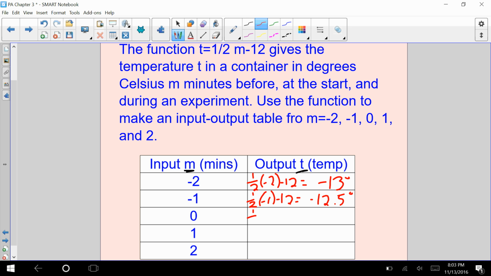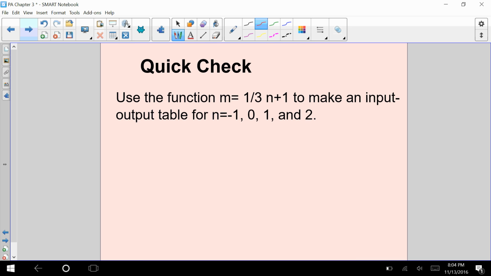When we plug in 0, we have 1/2 times 0 minus 12, which is 0 minus 12, which is -12 degrees. For 1, we have 1/2 times 1 minus 12, which is 1/2 minus 12, which is -11.5 degrees. And for 2, we do 1/2 times 2 minus 12, which makes 1 minus 12, which is -11 degrees. All right, your turn.